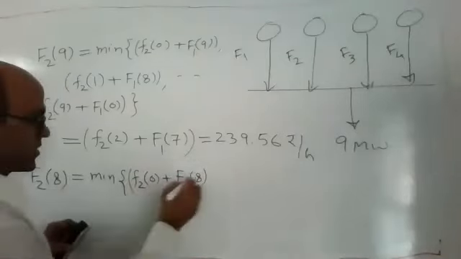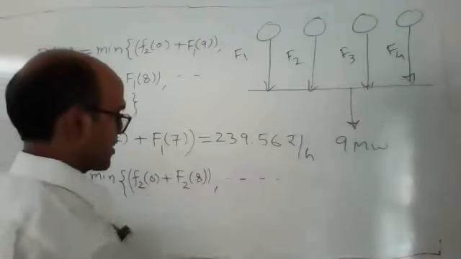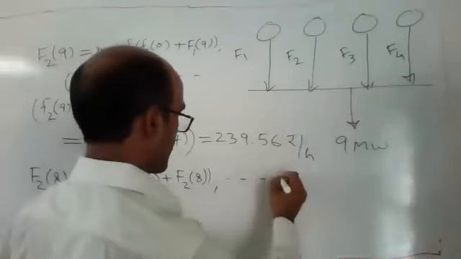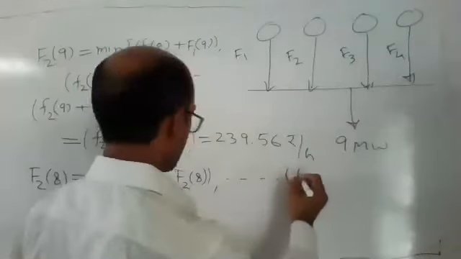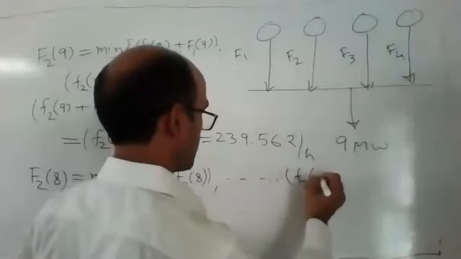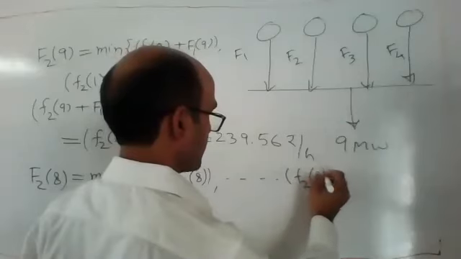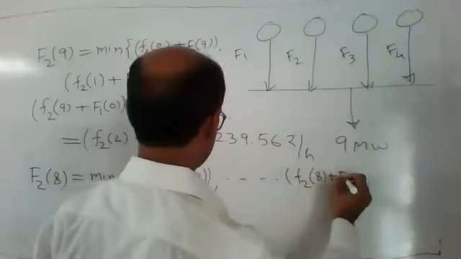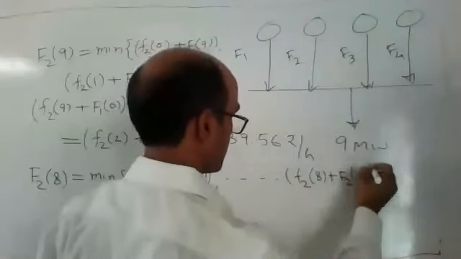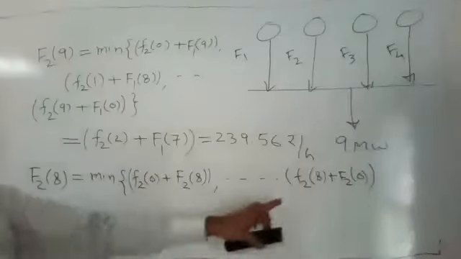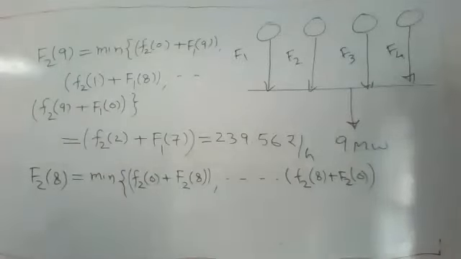Then in another combination, you are getting F2 8 plus F2 0. These are the fixed costs, which we have already computed from the table.